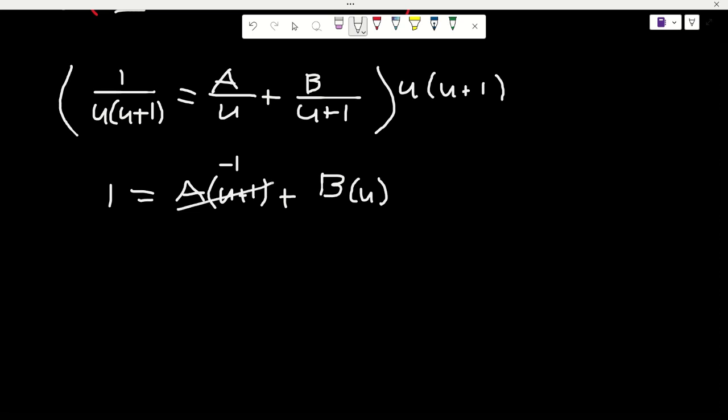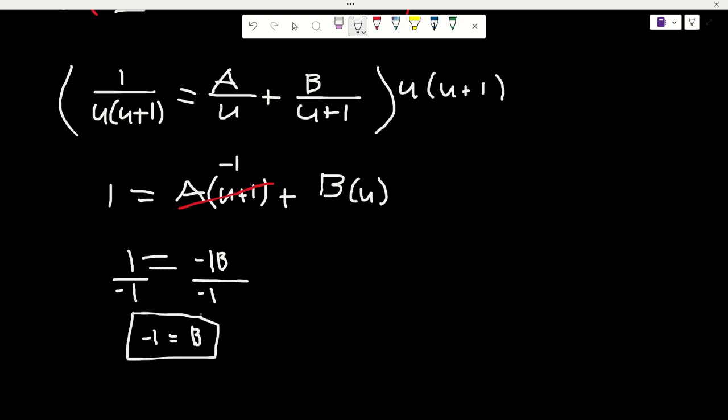So we can cancel this one, and this one, if u is equal to negative 1, then we can say that b is equal to negative 1, because it will become negative 1 times b, and then if we divide both sides by negative 1, simply we have negative 1 is equal to b, right?